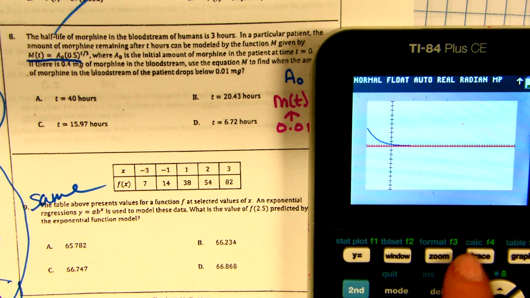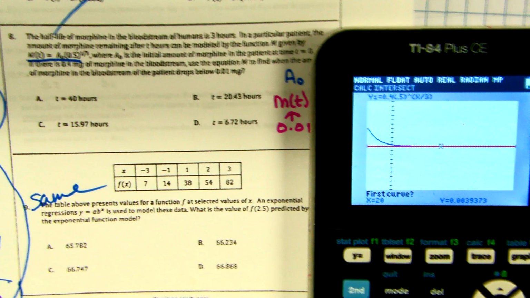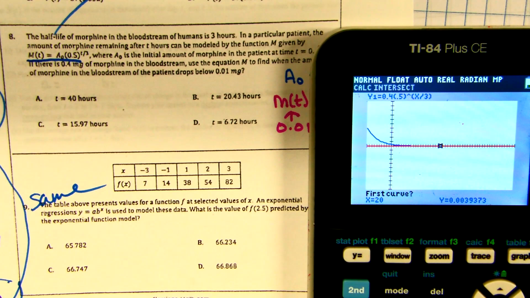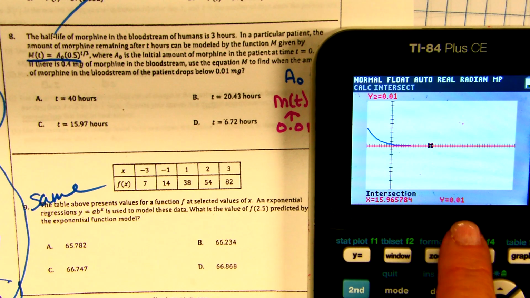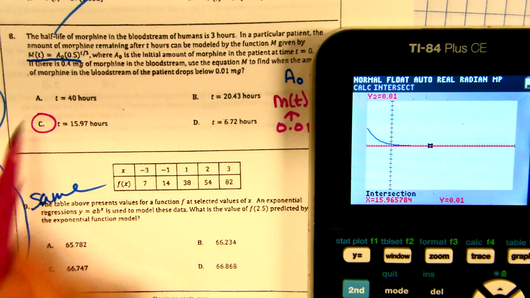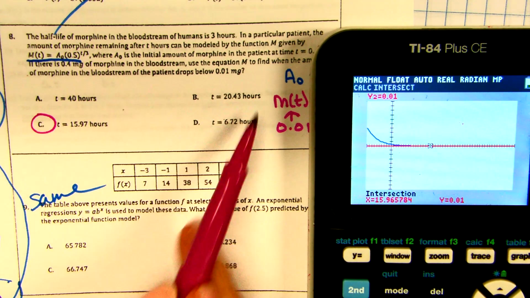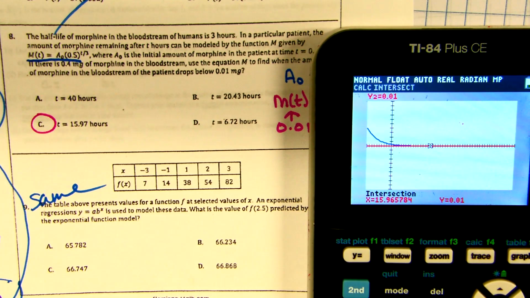So we go to Calc, intersect is number 5, and you just hit enter 3 times. Enter, enter, enter, and you can see when y is 0.01, x is 15.97. Effortless, really. You just have to remember to make your window cover all the x values. Then your calculator will find it for you. Don't worry.